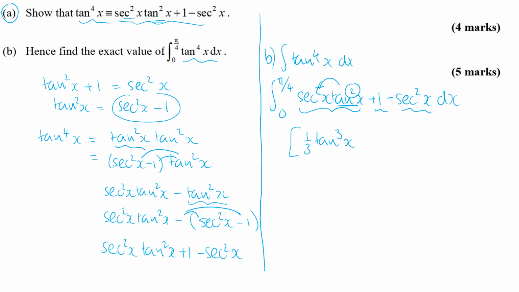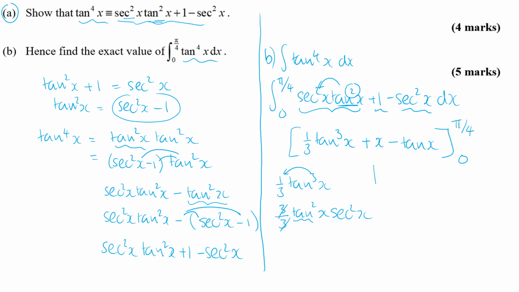Because if you think about differentiating that, if we power down, that will cancel with the 3, we'll be taking 1 off, so you'll get 3/3 tan squared x multiplying by the differential of the inside, which is sec squared x, so they'll cancel. So we're going to do that first term by reverse chain rule, then we're going to add on the integral of 1, which is just x, and then minus the integral of sec squared, which is just tan x, and we're going between 0 and pi by 4.